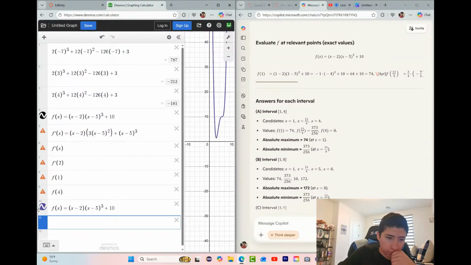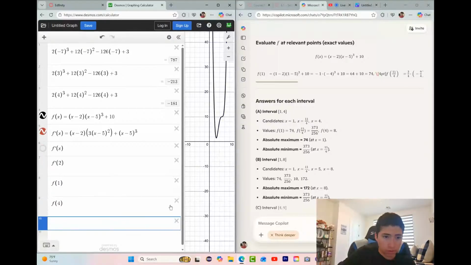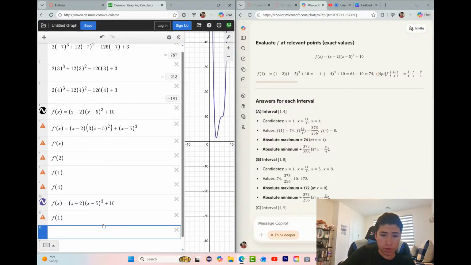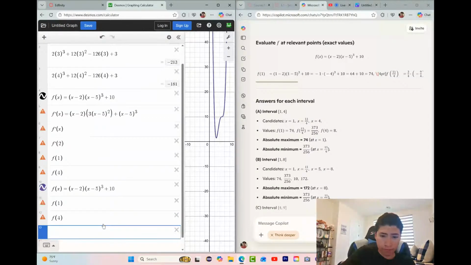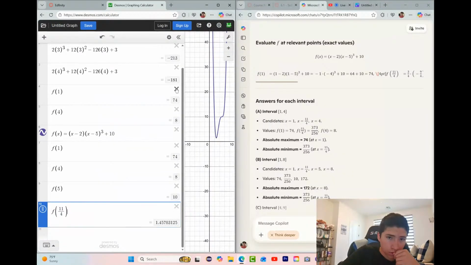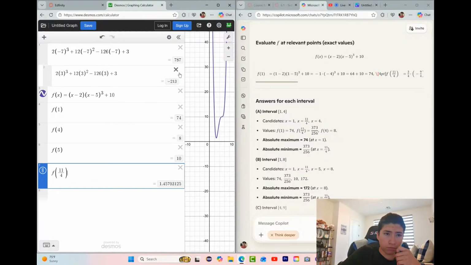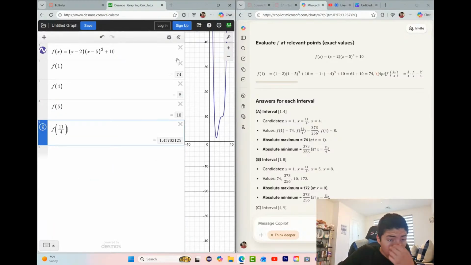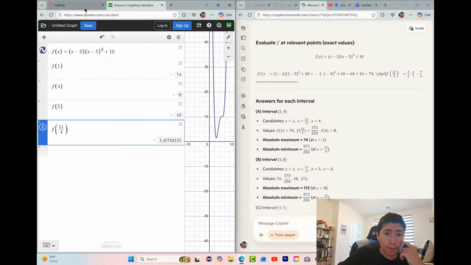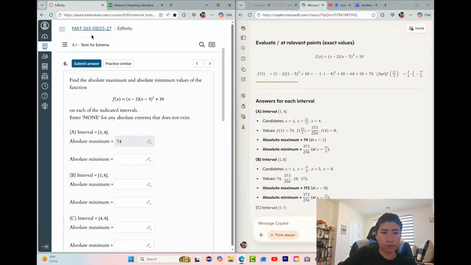And then here we have f of 1, f of 4, f of 5, and then f of 11 over 4. Here, I'm just going to remove all of this. There you go. So f of 1, that's going to be the 74 we got. And our minimum is going to be, what's this in fraction form? 373 over 256.